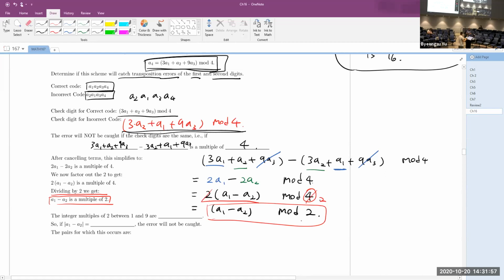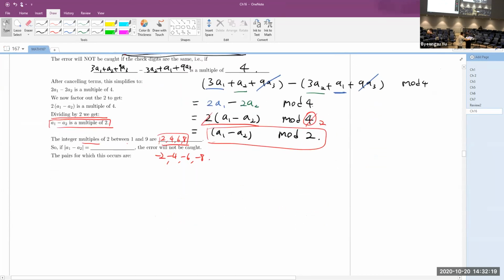Okay, so great. Here, the integer multiples of 2 between 1 and 9 are 2, 4, 6, 8, and 10 cannot be here. So only 2, 4, 6, 8 are possible. And again, minus 2, minus 4, minus 6, minus 8 are also possible.